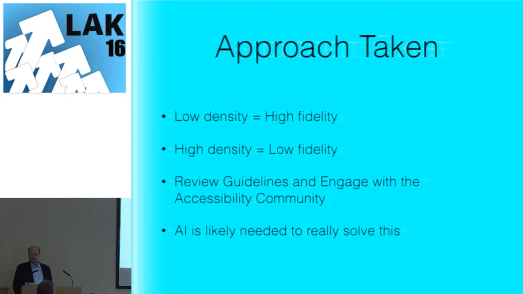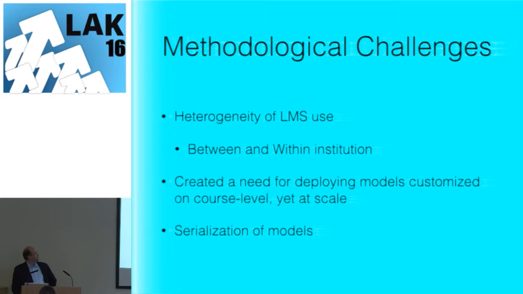It is likely that we need heavy-duty artificial intelligence to actually solve this problem, where you would have an artificial intelligence who could explain what each visualization looks like, because that is a matter of interpretation, and we're not there yet.